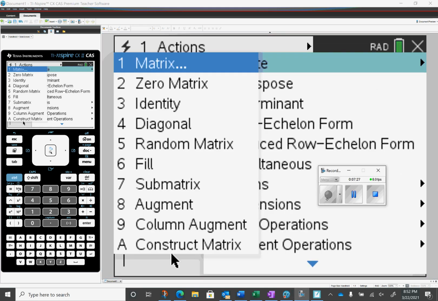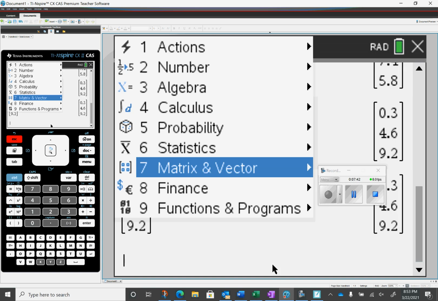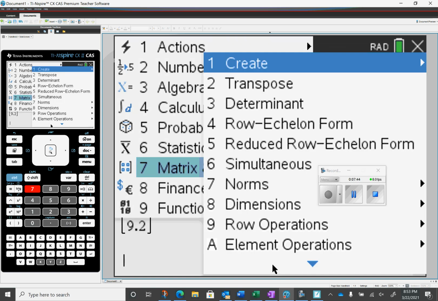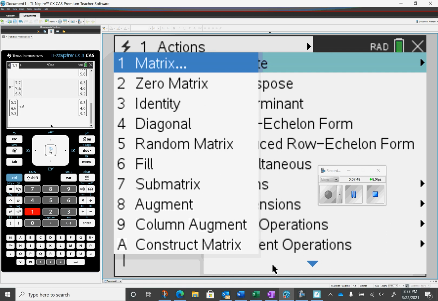Now remember, when you're creating these matrices, you really don't have to type them in every single time, because option number 3 here, if I'm trying to create the identity matrix that I need, 7, 1, and I need option number 3.